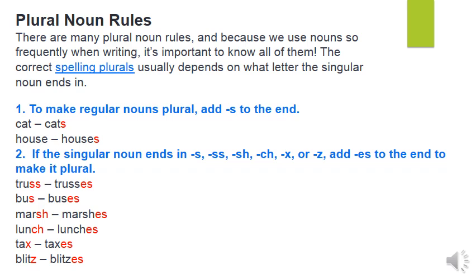Let's have some examples, such as truss, trusses, bus, buses, marsh, marshes, lunch, lunches, tax, taxes, blitz, blitzes. So there are nouns that end with s, double s, sh, ch, x, or z. In order to change them to the plural form, we have to add es.